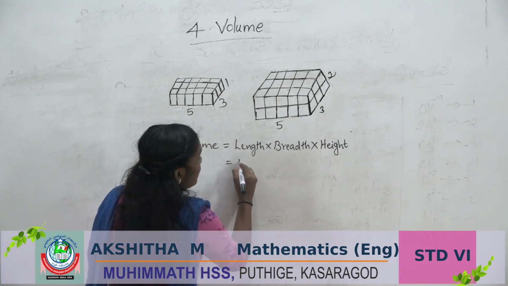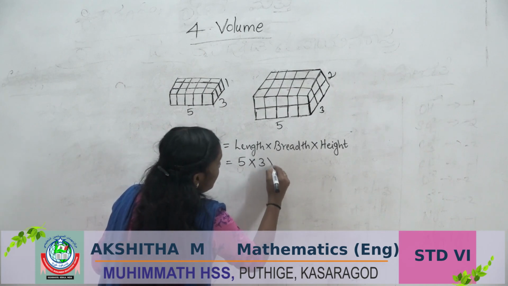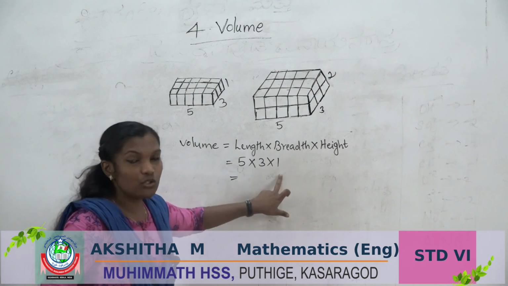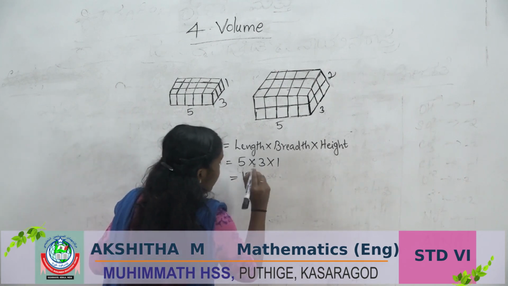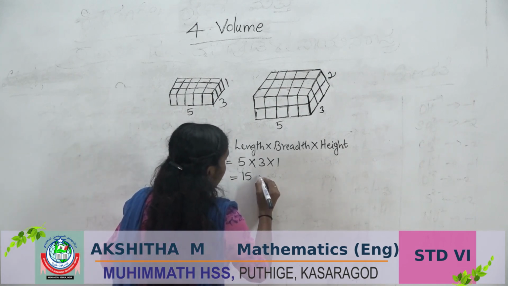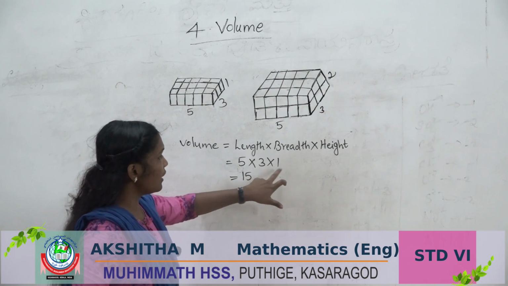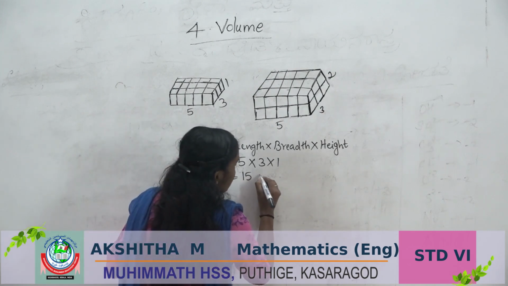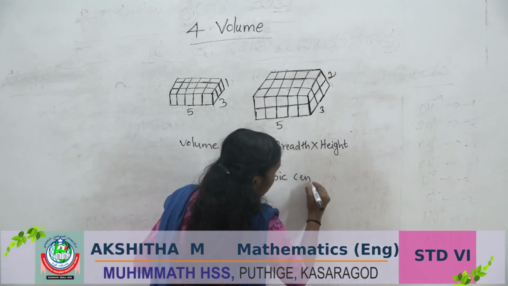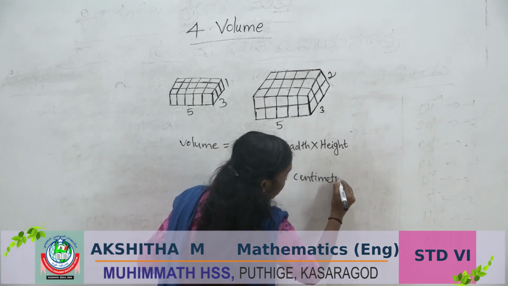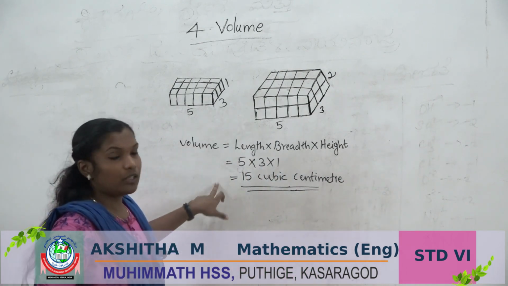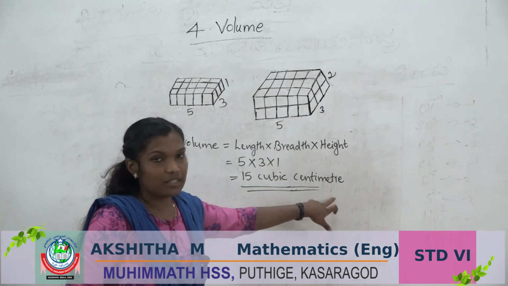So volume is equal to 5 into 3 into 1. 5 into 3 is 15, 15 into 1 is 15 cubic centimeter. Volume is equal to 15 cubic centimeter.